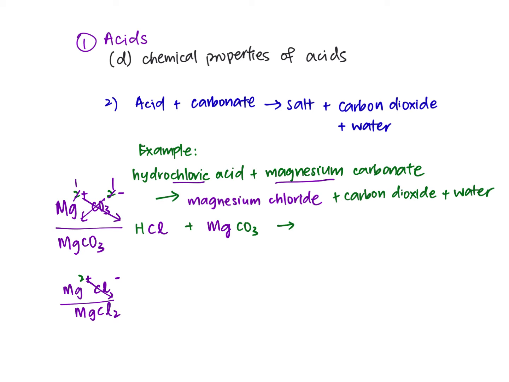So MgCl2 plus carbon dioxide CO2 plus H2O. Balancing: only the hydrogen and chlorine atoms are not balanced, so adding a 2 in front of HCl will balance the equation.